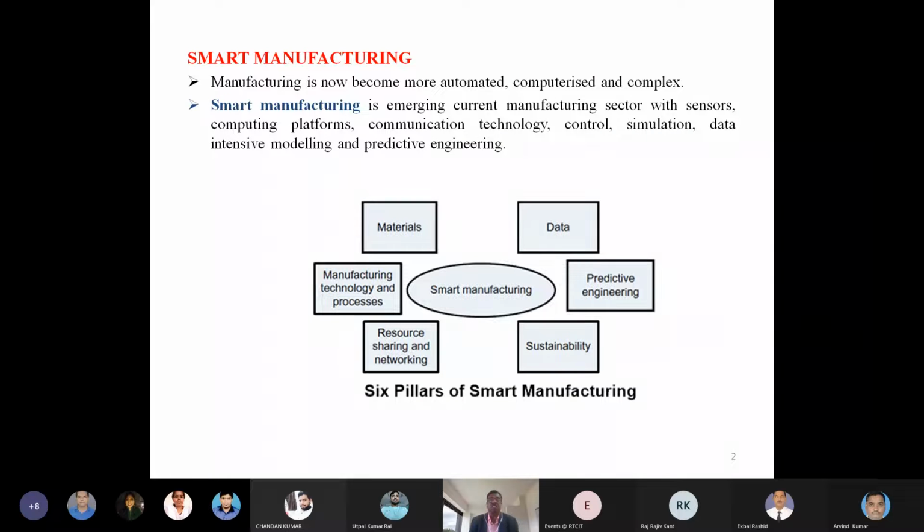Employing all this technology together, we can make the manufacturing method very smart, and able to cope with today's manufacturing requirements.